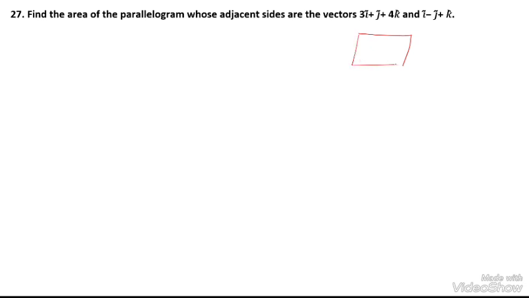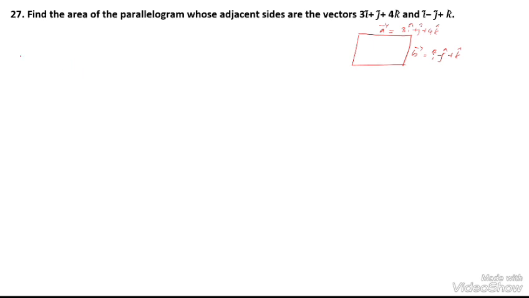I will take a rough diagram. Here A and B are the two adjacent sides. The vector A denotes 3i cap plus j cap plus 4k cap. Again, vector B denotes i cap minus j cap plus k cap.